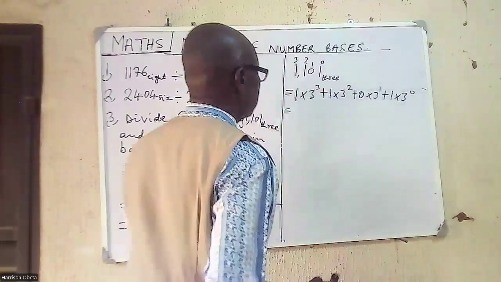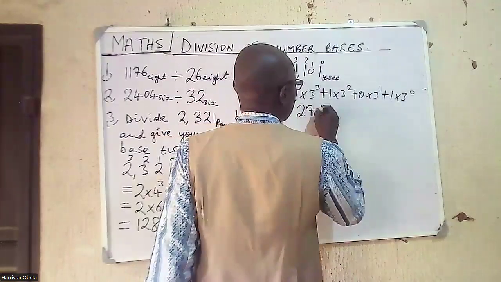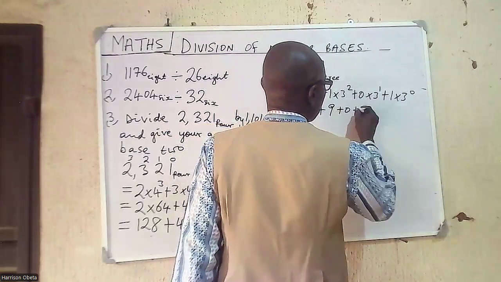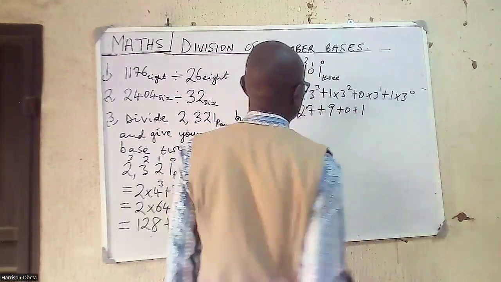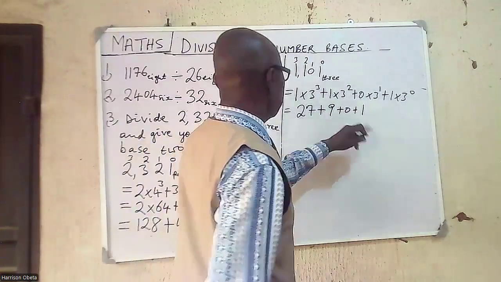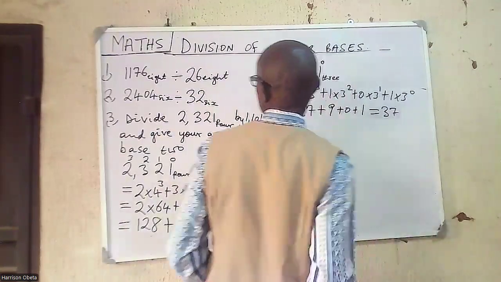And this will give us, this is 27 plus 9 plus 0 plus 1. So this will give us 36, 37. That will give us 37.